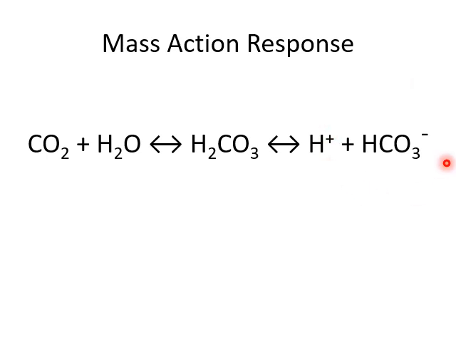If I add a lot of bicarb at this end, I'm going to push the equation this way. Mass action is going to generate more carbon dioxide and water. So whichever way we go on this equation, we're going to control the amount of hydrogen ions present, and that's how we control blood pH.